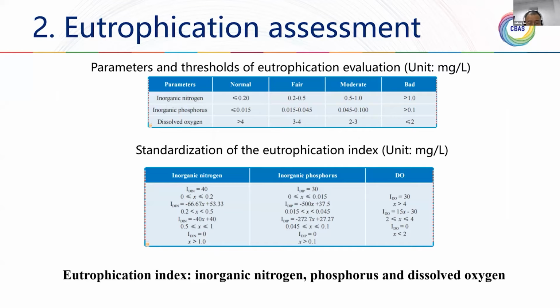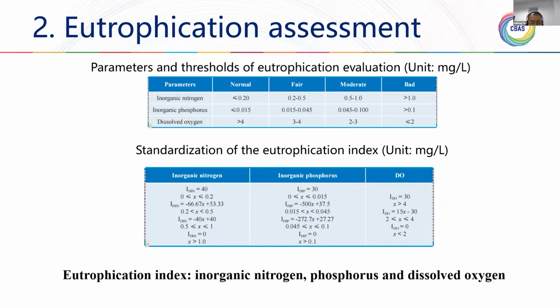Considering that hypoxia is one of the main problems in countries around the Belt and Road, the eutrophication evaluation method selects inorganic nutrients as the main parameters and combines the dissolved oxygen index in the secondary ecological response.